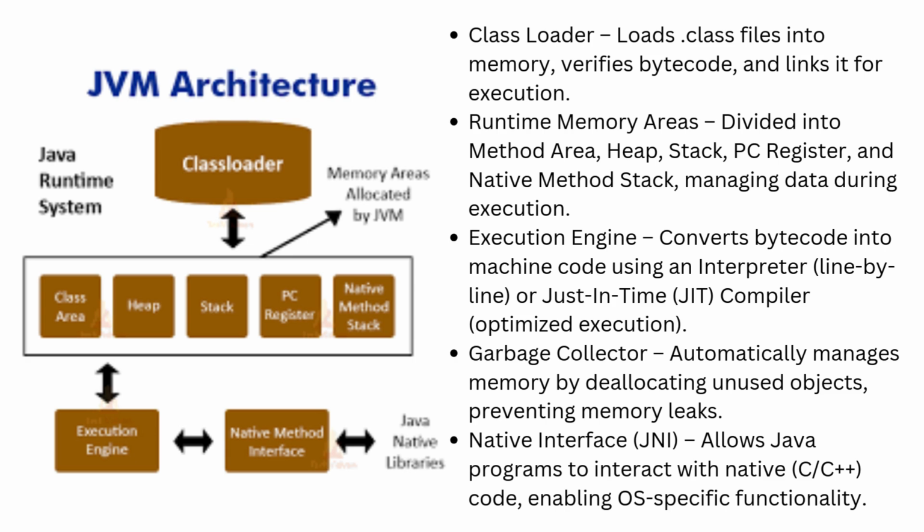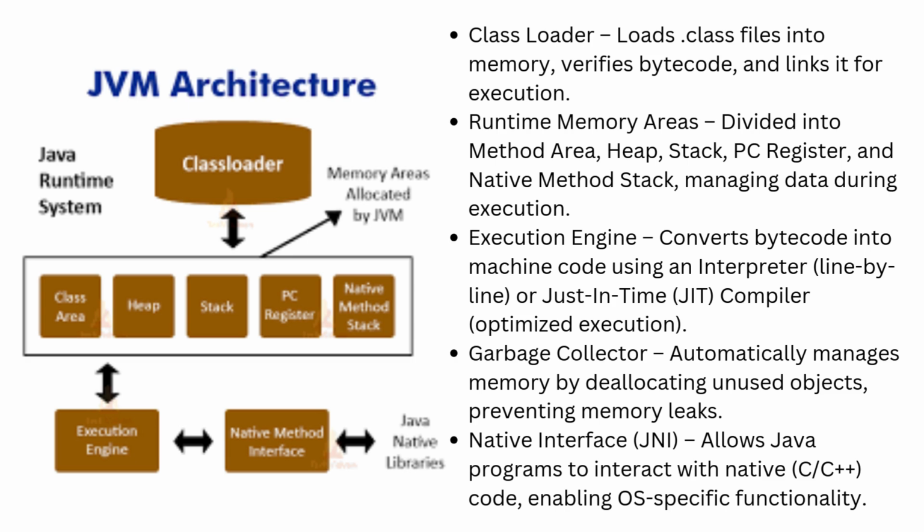The execution engine converts bytecode into machine code using an interpreter or just-in-time compiler. Garbage collector automatically manages memory by deallocating unused objects, preventing memory leaks. The native interface allows Java programs to interact with native C or C++ code, enabling OS-specific functionality.